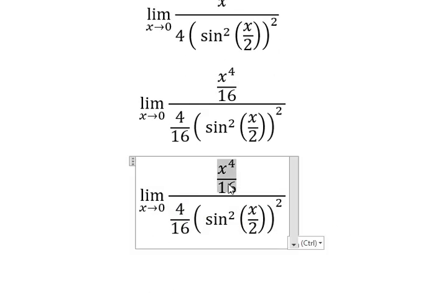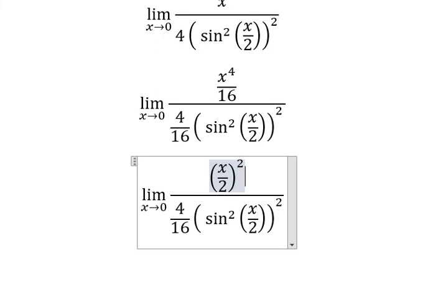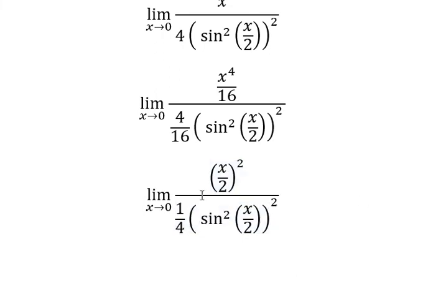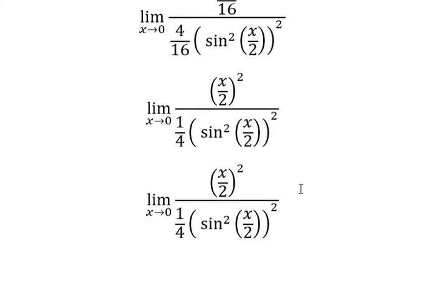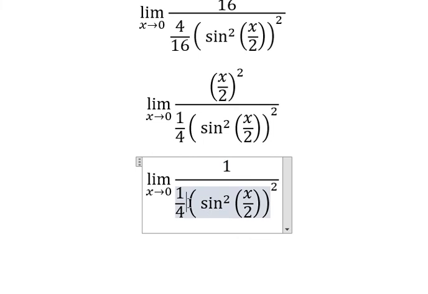So this one I can put into s over 2 to the power of 2. This one we have 1 over 4. And now I can put this one on the denominator. That should be like this.